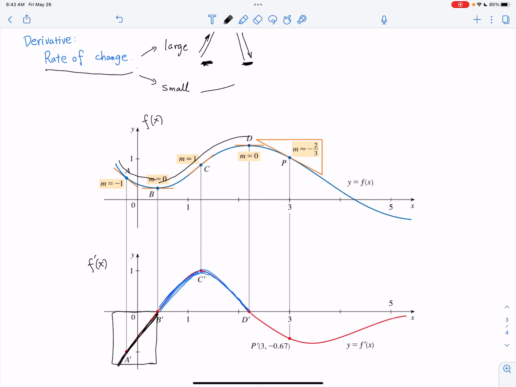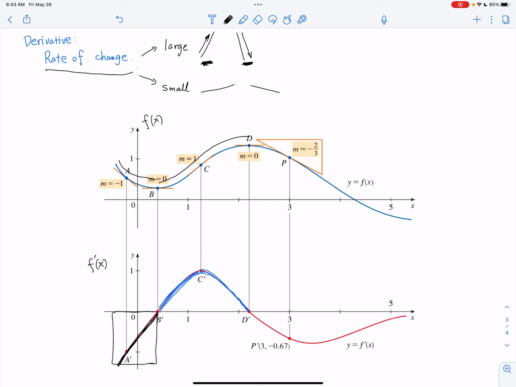Or it could be a decreasing trend, but a very slow decreasing trend. So the value of the derivative depends on how fast the function changes. If the change is very fast, the derivative is large. If the change is very slow, the derivative is very small.